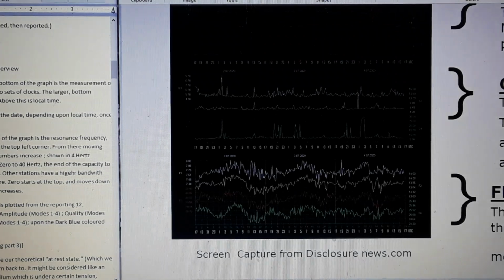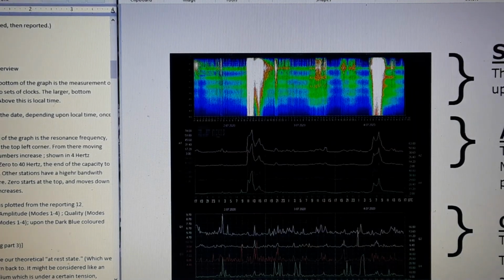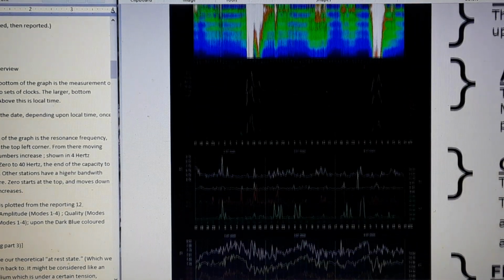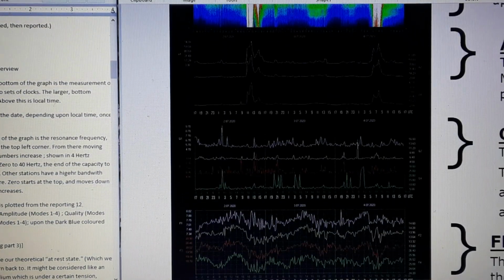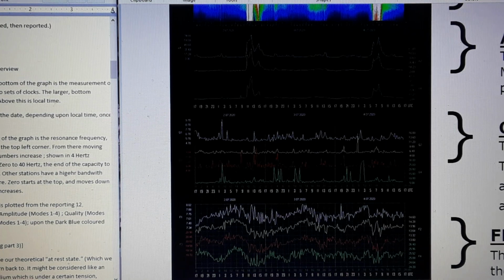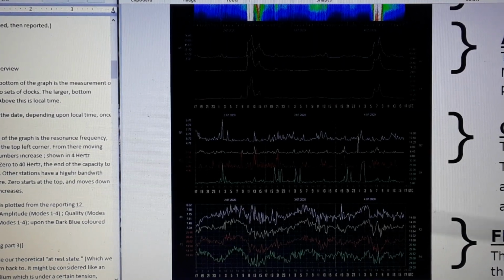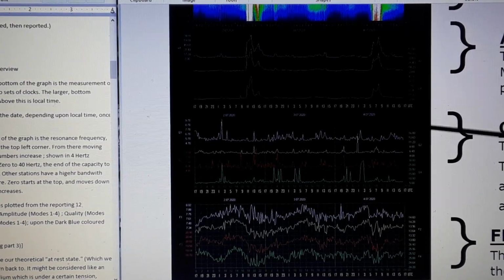I know in the video it's hard to show, but you have 12 lines here. There's 4 in the amplitude, 4 in the quality, 4 in the frequency. So these 12 lines are the reporting dependencies. There's 4 modes of amplitude, 4 modes of quality, 4 modes of frequency.